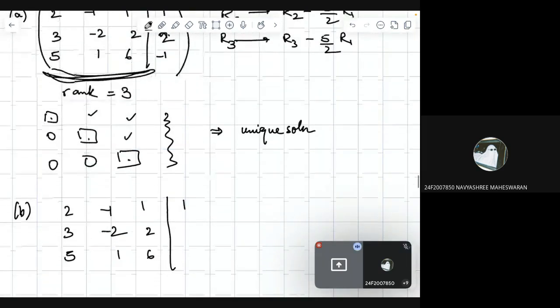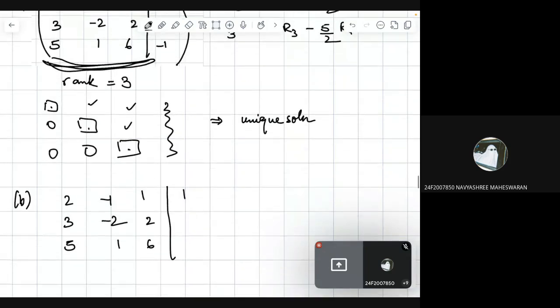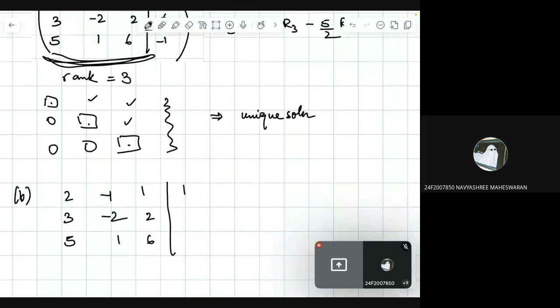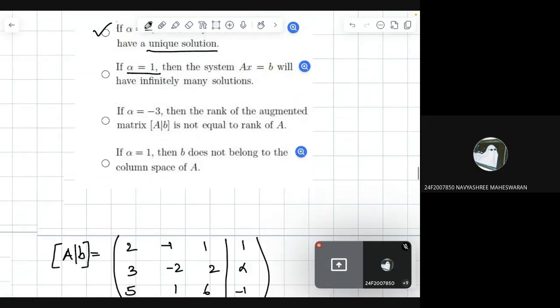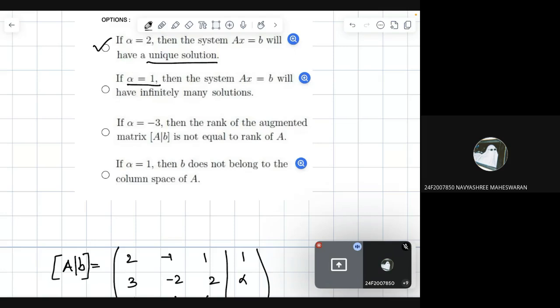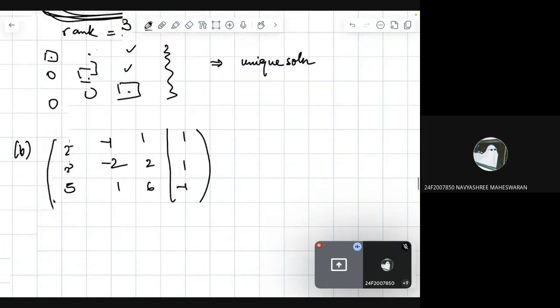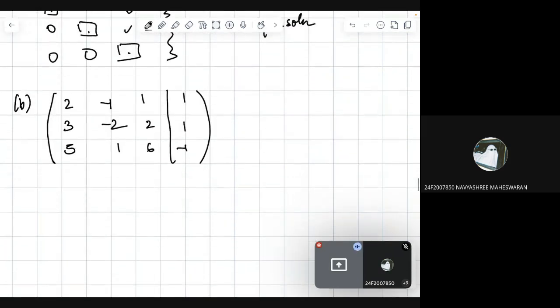Okay, yes ma'am, I hope this is clear. Right, so alpha is equal to 1, and how will you check if this has infinitely many solution or not? What condition are you checking?